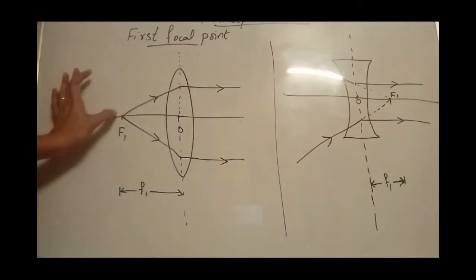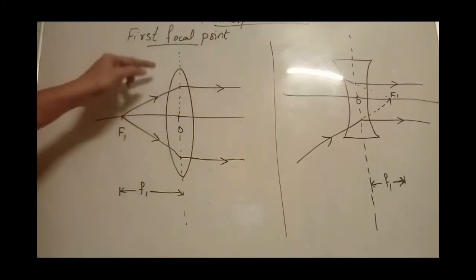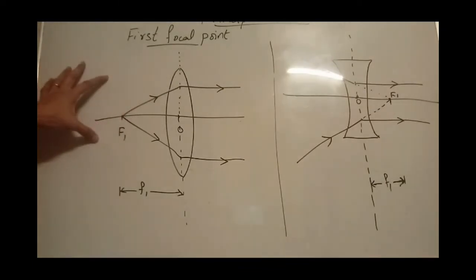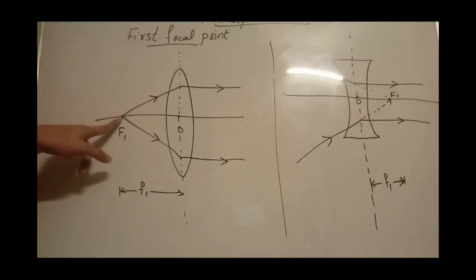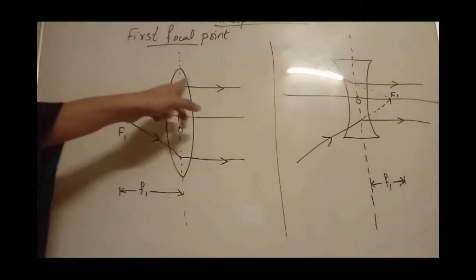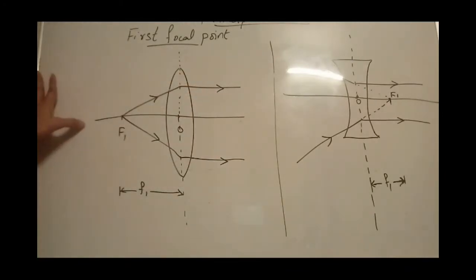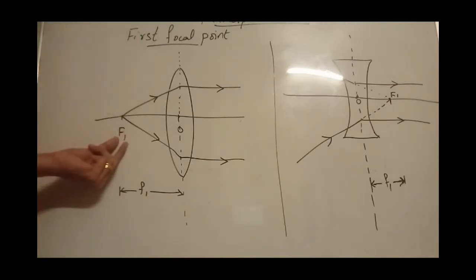Such a point is known as the first focal point of the convex lens. The first focal point of the convex lens can be defined as a point on the principal axis, the ray from which after refraction will go parallel to the principal axis, and we represent that first focal point as capital F1.